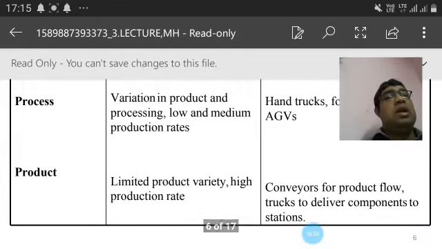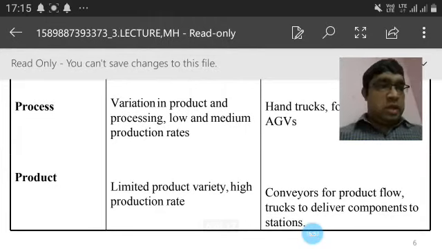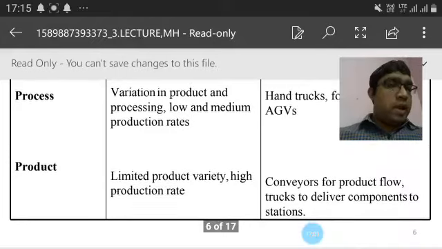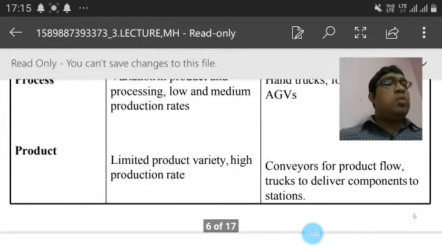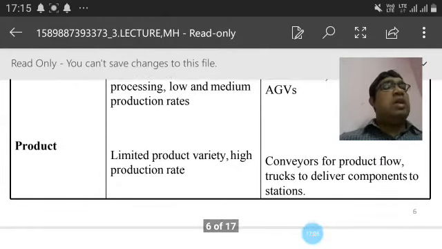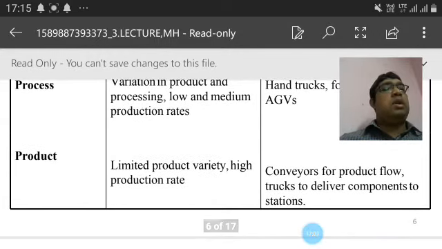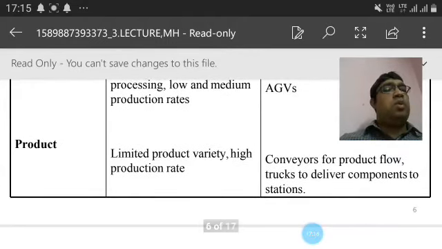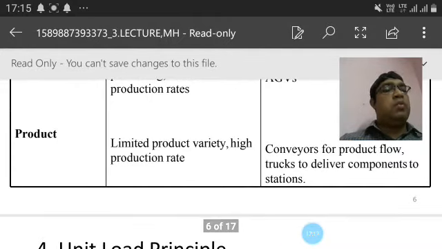This is very important: when you consider a limited product, the production rate will be very high, so you have to concentrate on producing one or two types of materials in your industry, with your whole effort engaged on them.